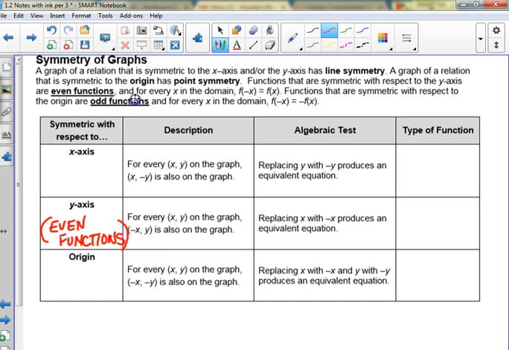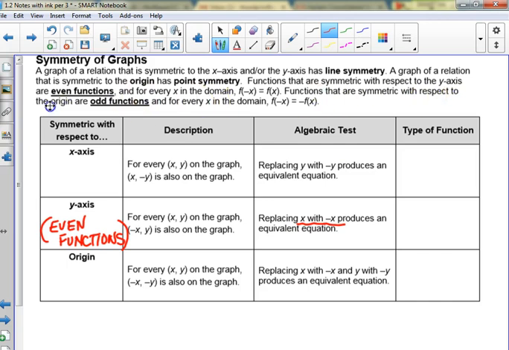And for every point, you can replace x with the opposite of x. Okay, replacing x with the opposite of x.